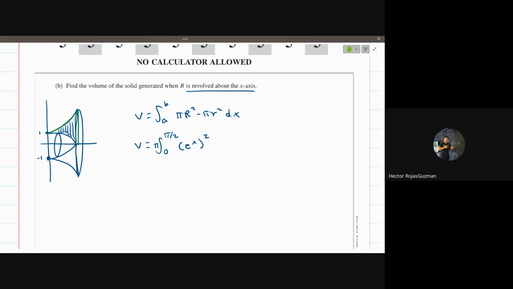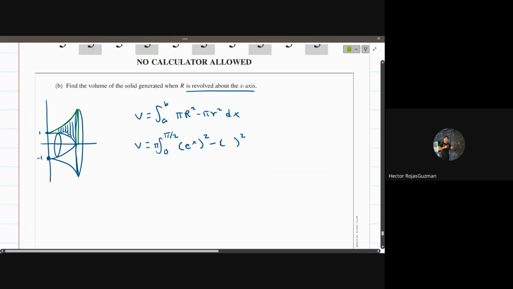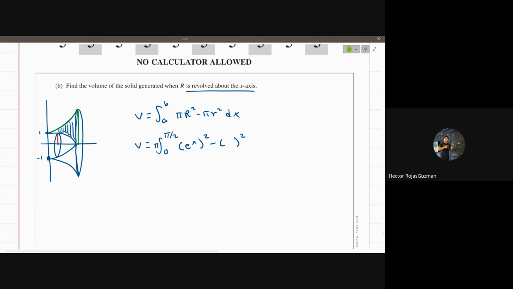Represented by e to the x, minus the small radius is the length between the x-axis all the way to the first function, which is the square root of cosine of x. So then we have the square root of cosine of x squared dx.